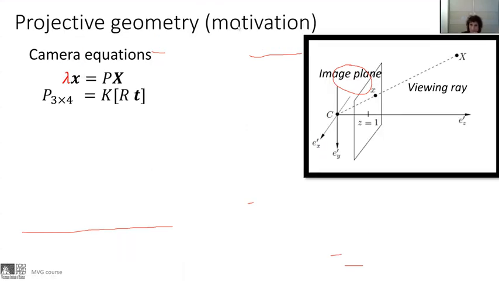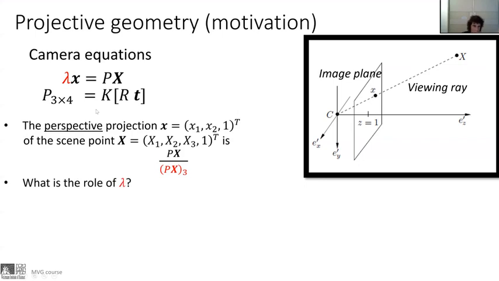Just let me clear all drawings, just a minute, okay. Okay, so I would like to move forward to the second topic of this lecture, which is projective geometry. So recall that I have the camera equation, which I write like this: lambda x equals P times X, P the camera matrix, x the projected point on the image plane, and lambda the scalar in front of it, okay?